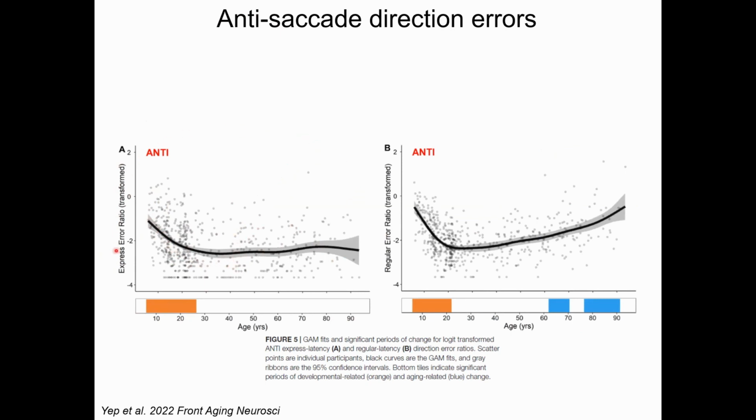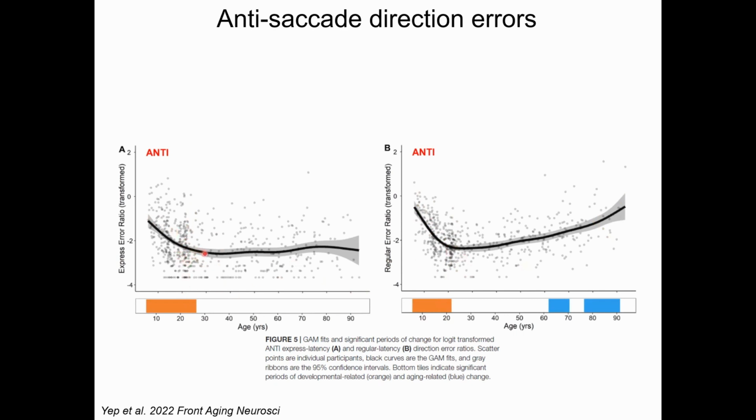This is showing the express saccade error rate as a function of age of all of our subjects. And these are the regular latency errors in the anti-saccade task. So you see both the express errors and the regular latency errors are being reduced dramatically through development up to about age 20, between 20 and 25.